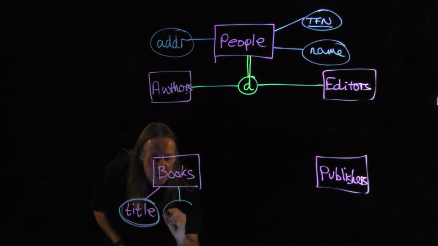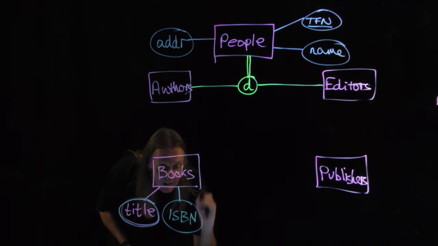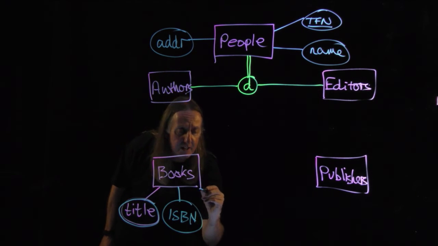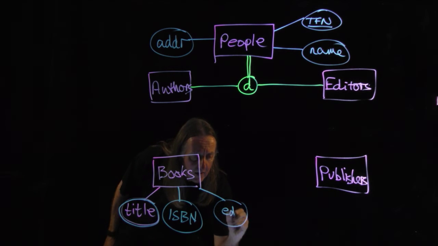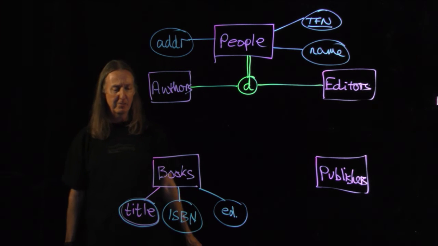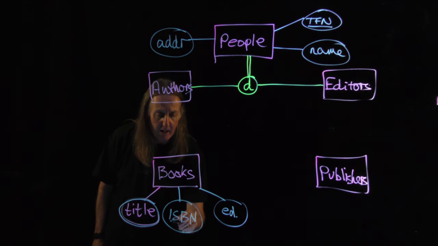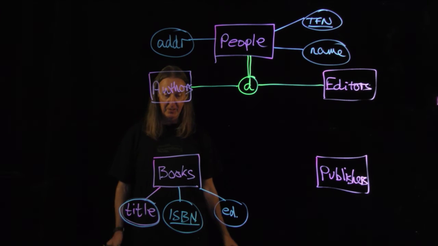So any book is going to have an ISBN, something that uniquely identifies a particular edition of a book. So that's the other thing that we're interested in with books: is it the first edition, the second edition, and so on. Okay, so the ISBN will be something that uniquely identifies a particular edition of a particular book.